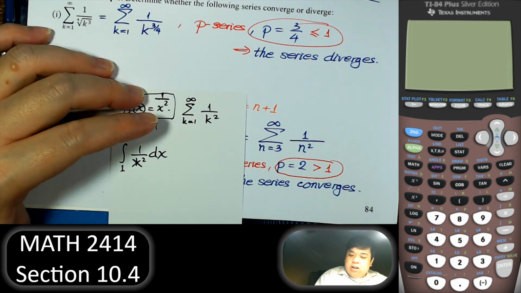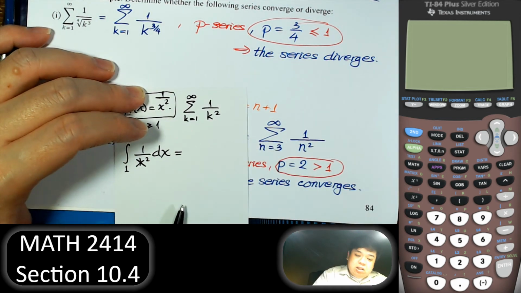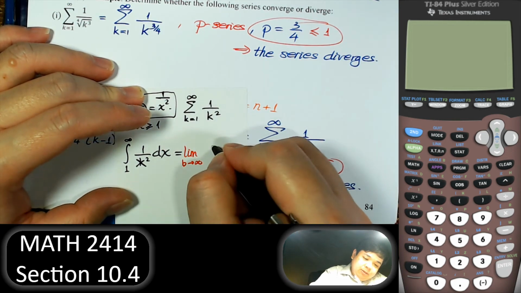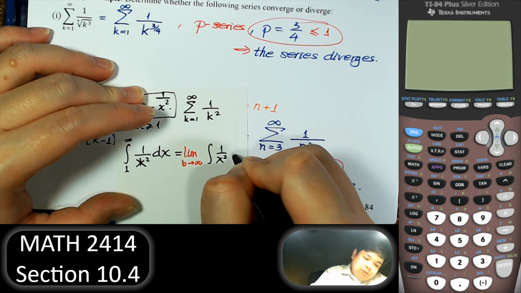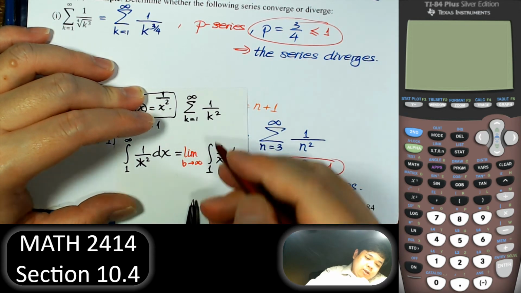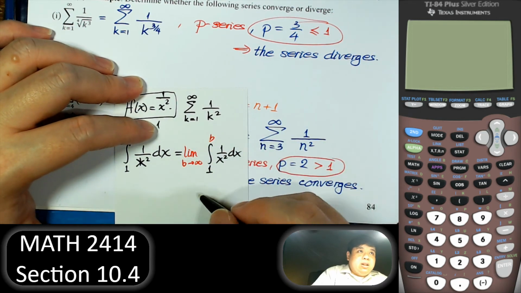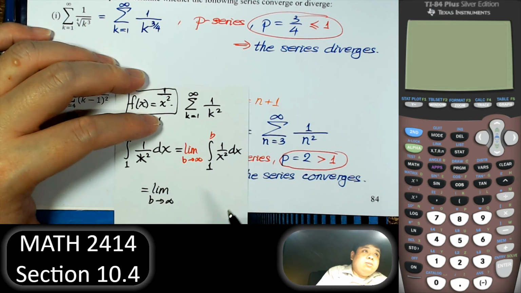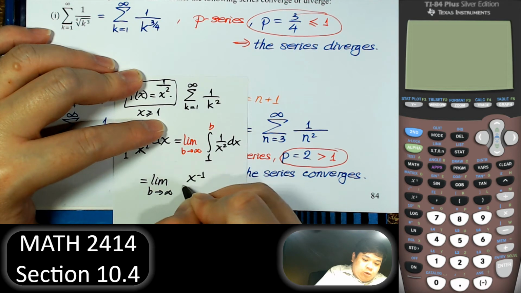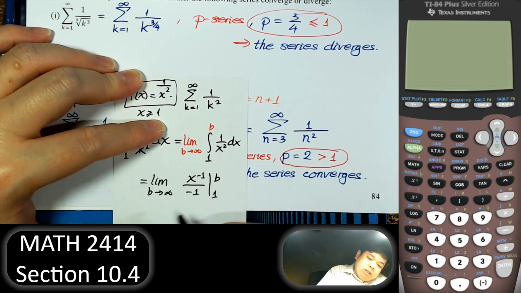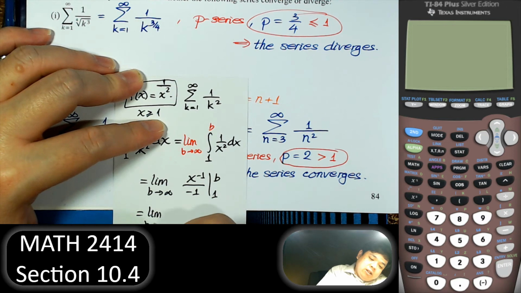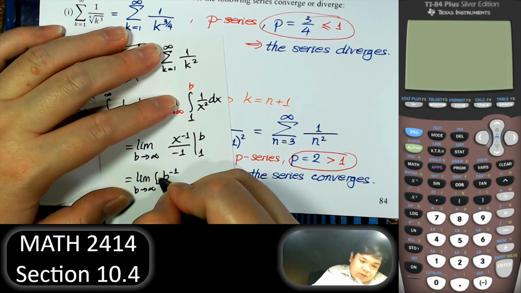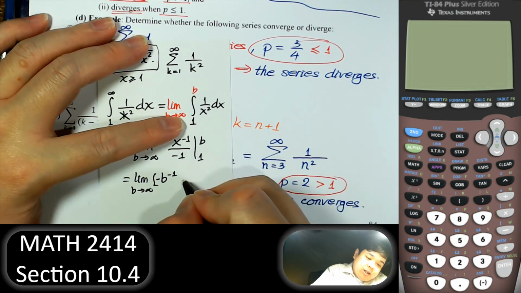So this is simple enough. Improper integral, replace with b and take the limit. And we integrate. The integral of x to the negative 2 is x to the negative 1 over negative 1, going from 1 to b. Now substitute in b. Put the minus, don't forget that. And substitute in 1.